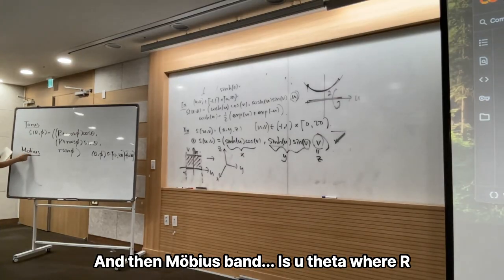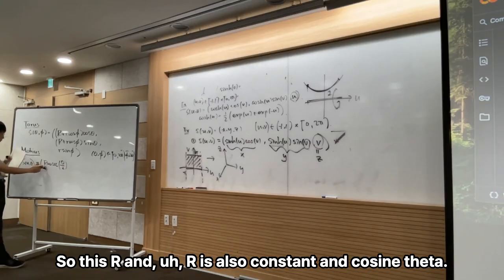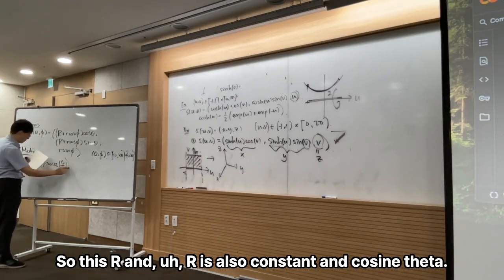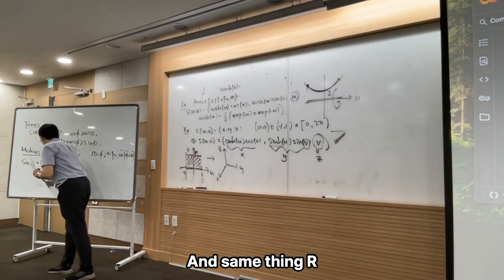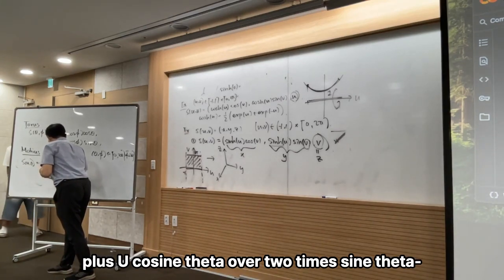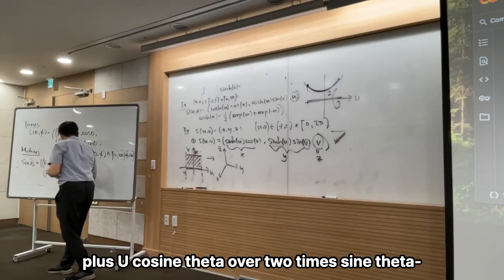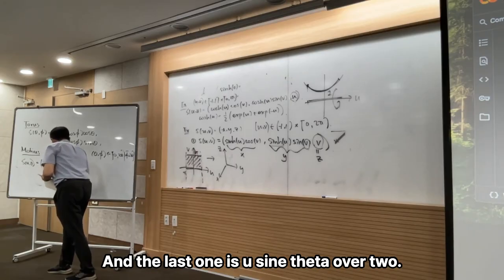And then the Möbius band is in u and theta (zeta), where R plus u cosine zeta over 2, so this R is also constant, times cosine zeta. And same thing, R plus u cosine zeta over 2 times sine zeta. And the last one is u sine zeta over 2.